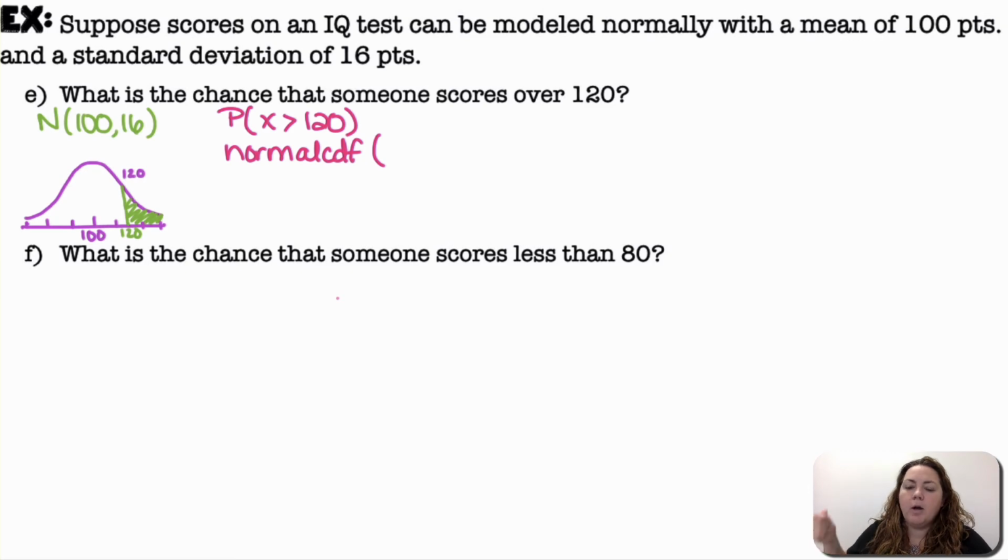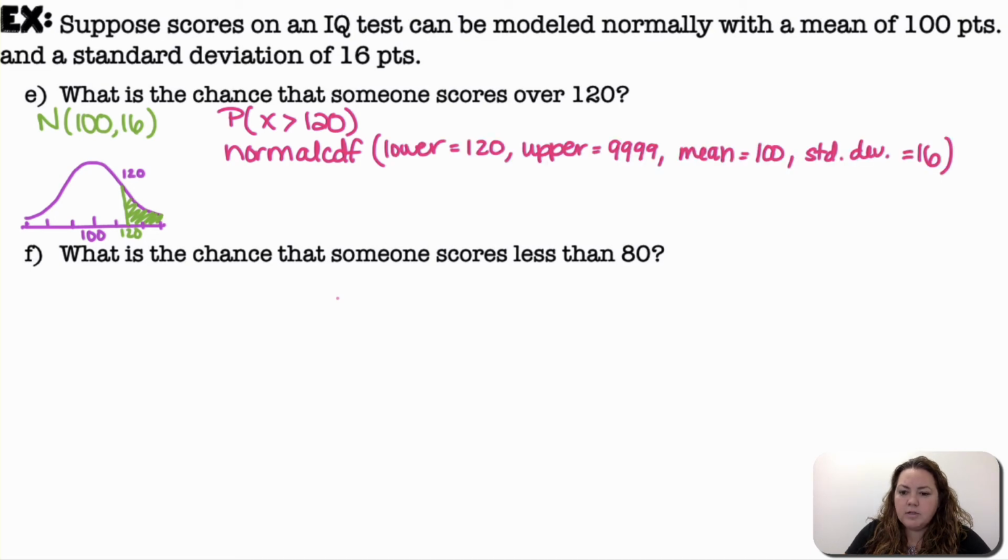So lower bound, upper bound, mean, standard deviation, you need to say what those numbers represent, because not everybody uses the same type of calculator, so they may put them in different orders. All right, so when you're trying to get points on your AP exam, make sure you label everything.